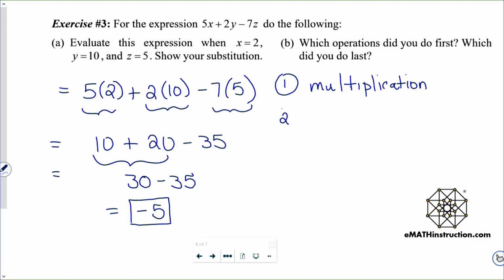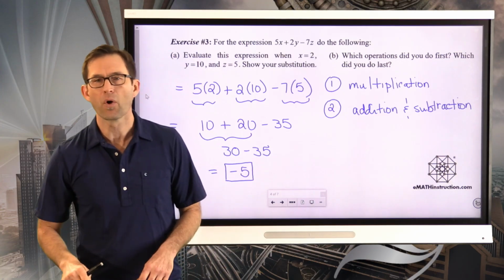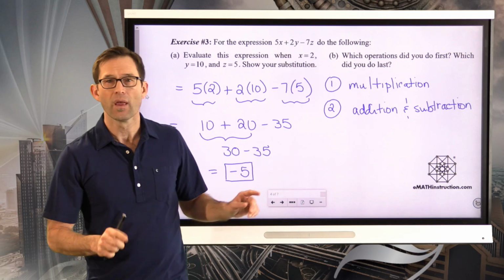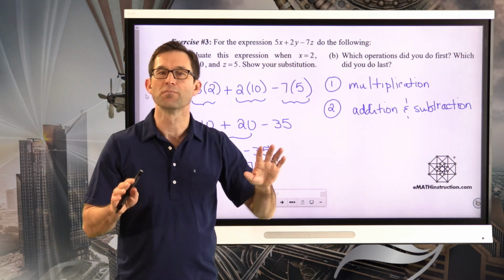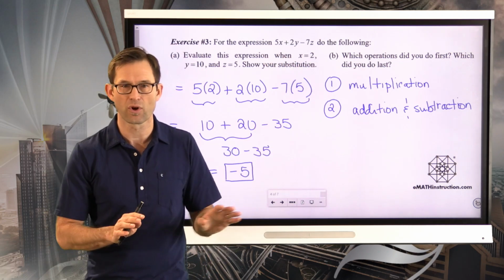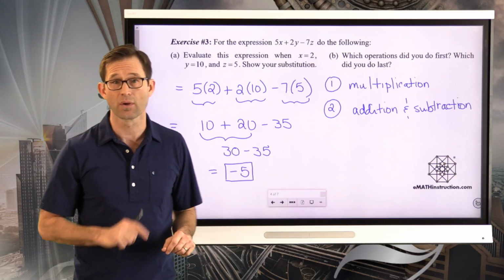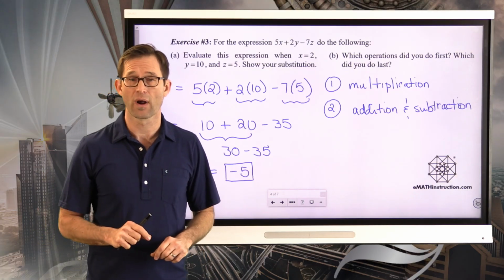And what came second was the addition and subtraction. Now you might say, well, the subtraction came last, which technically would be correct. But really what I want to get at here is that the multiplication comes before the addition and subtraction. And if there was division, that would also come before the addition and subtraction.